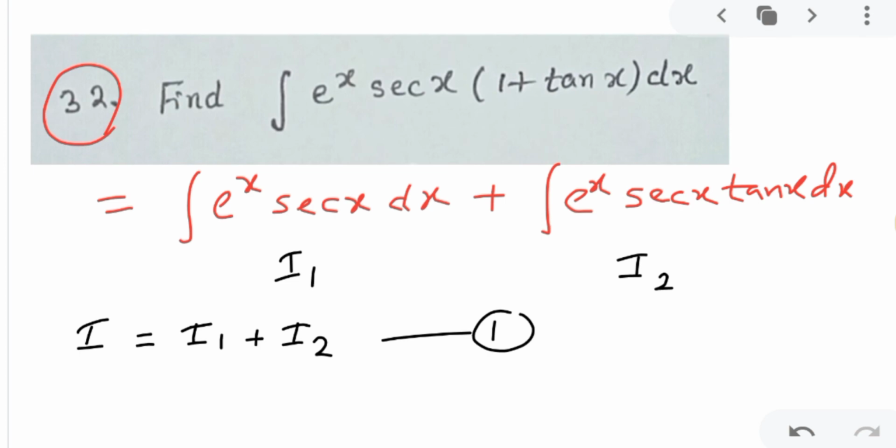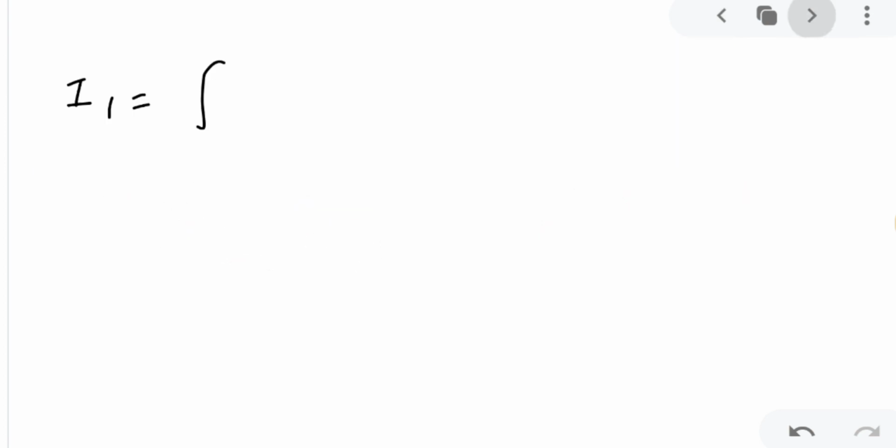So I1 means integration of e to the power x sec x dx. And clearly these are two terms. This is u and this is v, so I will use the u into v formula.